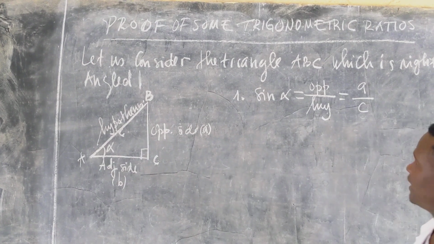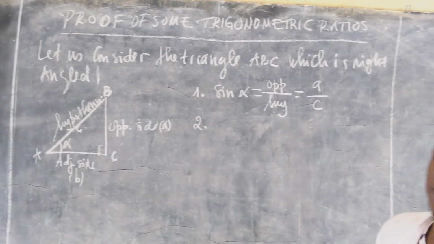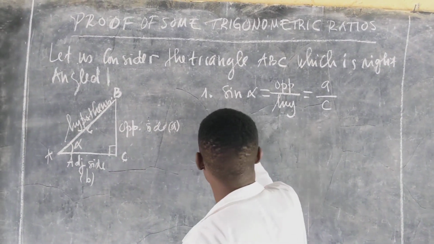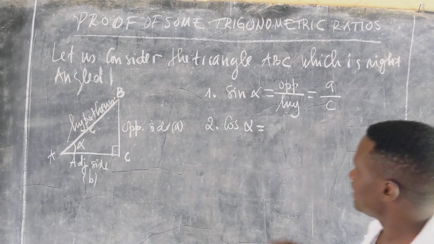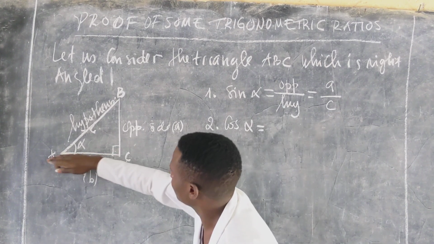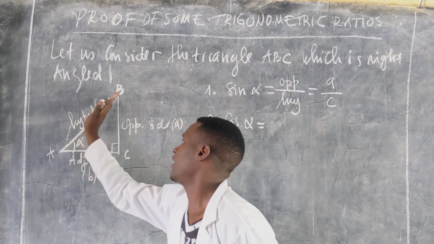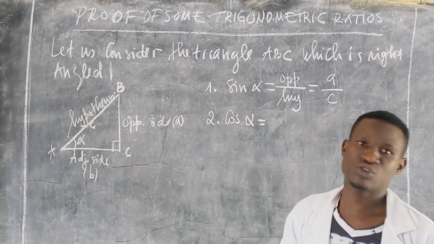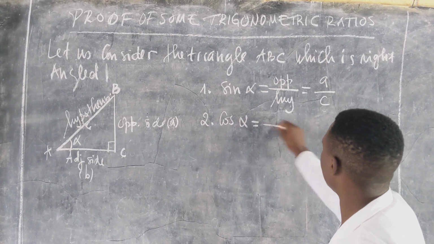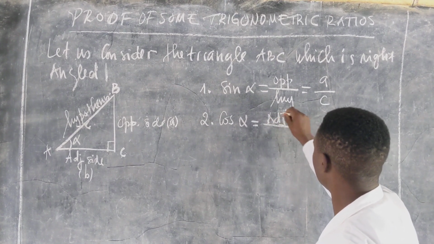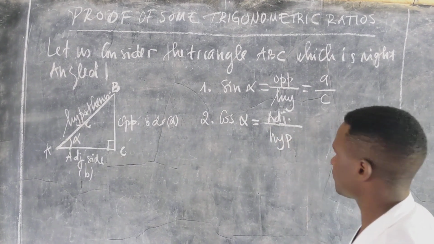So now, let's move to the second one. The second trigonometric ratio, which is very important, is cosine of an angle alpha. Cosine of alpha is equal to the adjacent side, this AC, divided by the hypotenuse.